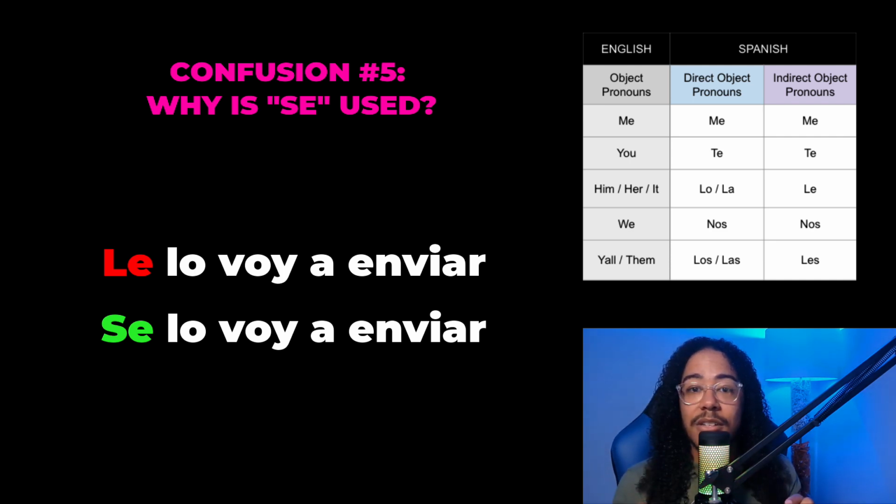And that's because when you have these back-to-back pronouns, they're too hard to actually hear and even really to say. So for that reason, when you have these back-to-back like that, the first one, le, is going to be se. Because doesn't se lo sound much clearer than le lo?